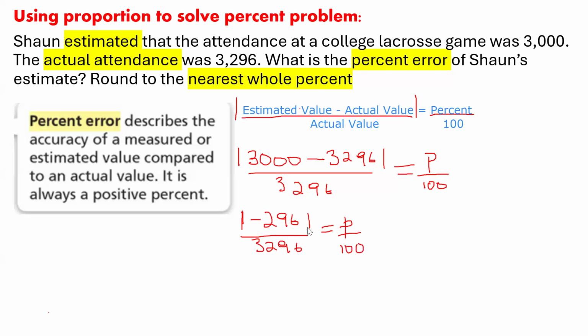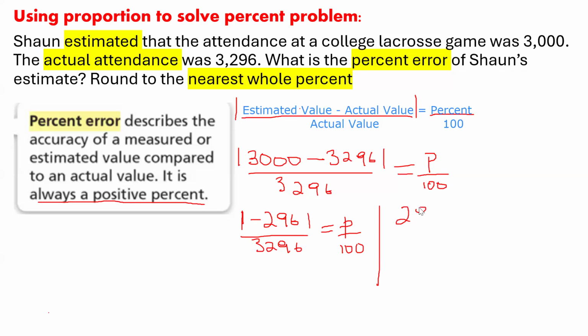When you take the absolute value of a negative number, it becomes positive, as you see here in the definition for percent error. The percent has to be positive. It cannot be negative. So we need to get rid of this negative number by taking the absolute value of that negative number. As we said earlier, once you take the absolute value of a negative number, it becomes positive.